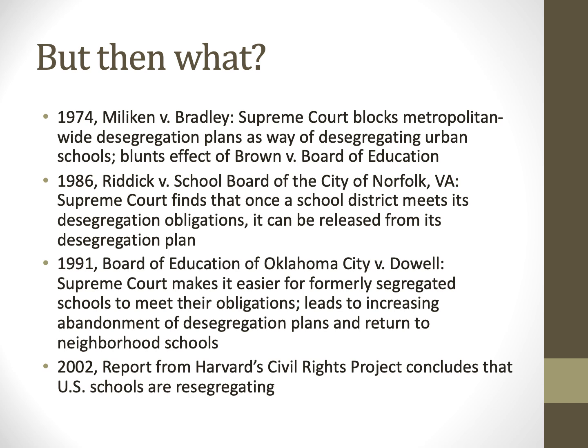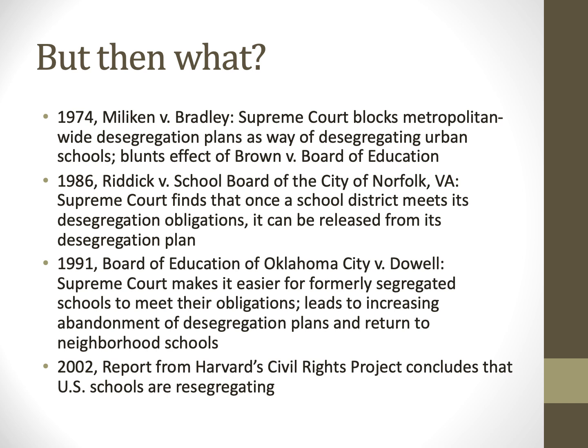But then the tide turned, so that a series of Supreme Court decisions began to blunt the effect of desegregation. So in 1974, the Milliken versus Bradley decision allowed the Supreme Court to block these large-scale desegregation plans, which was followed up in '86 by a decision of the Supreme Court saying that once a school district had met its desegregation obligations, it could be released from the desegregation plan.